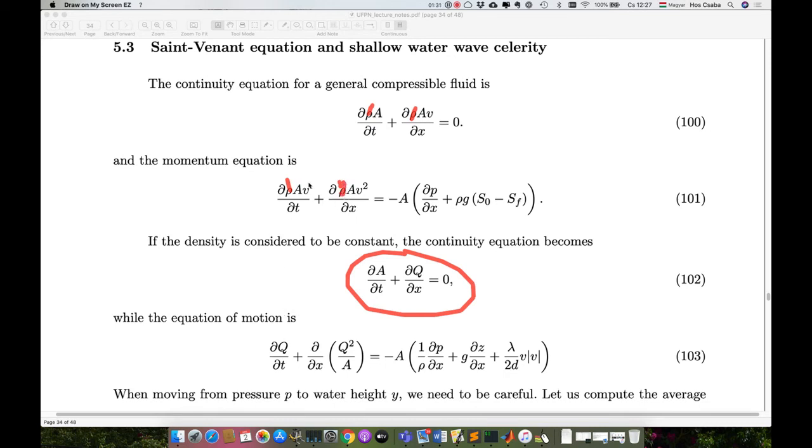So you have A times V is Q, and then A times V squared is A squared V squared divided by A, so you can rewrite this term in terms of flow rate and area. And then you have the right hand side. I'll have to change this again. I will do it in the lecture notes.